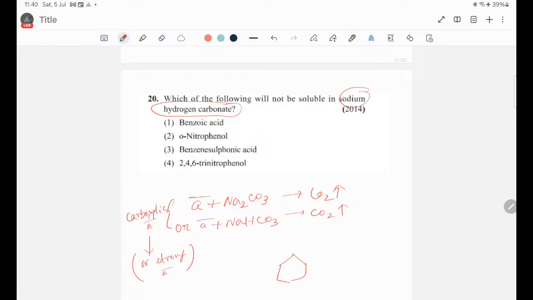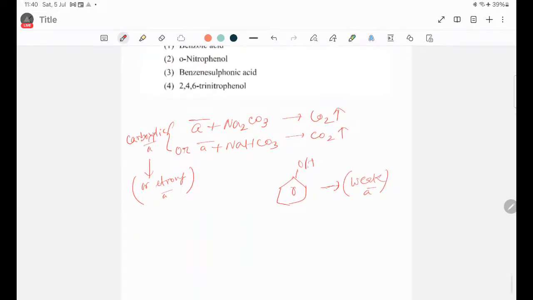But phenol is unable to do that. Why? Because phenol is a weak acid, comparatively weaker than carboxylic acid.